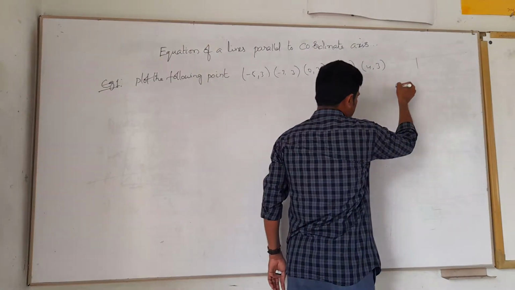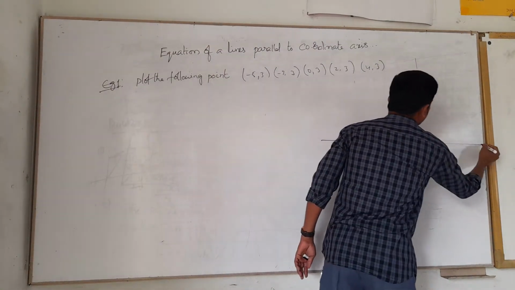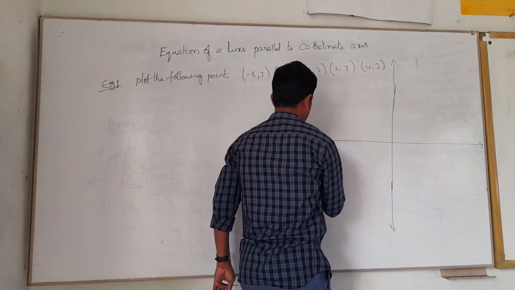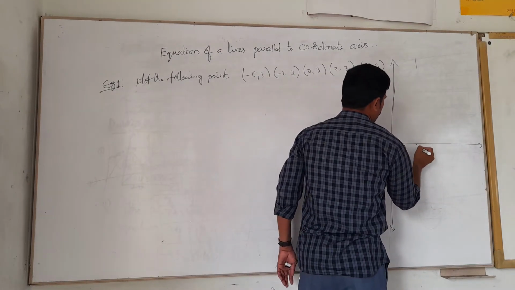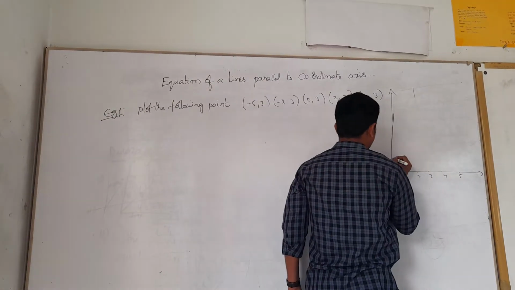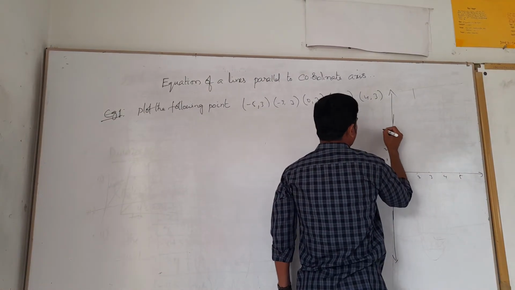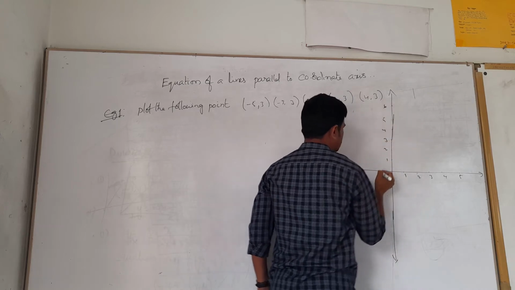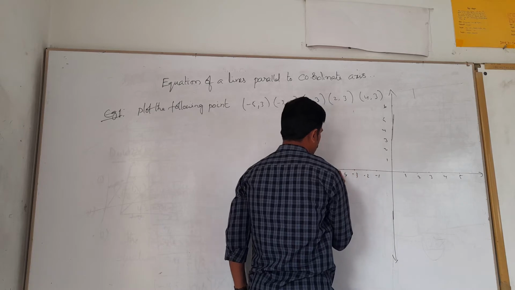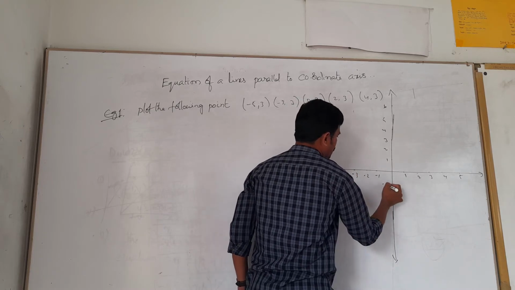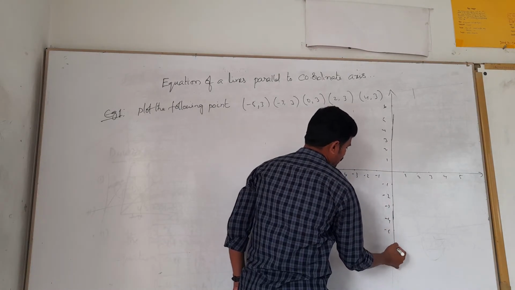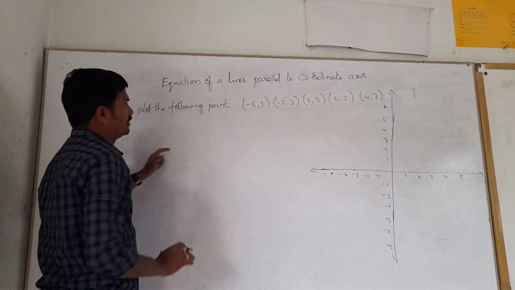Suppose 1, 2, 3, 4, 5, 6 on the positive side and minus 1 to minus 6 on the negative side. What are the points?